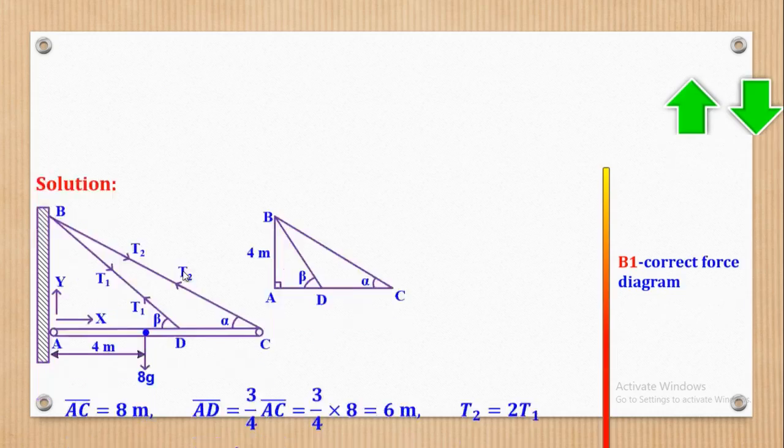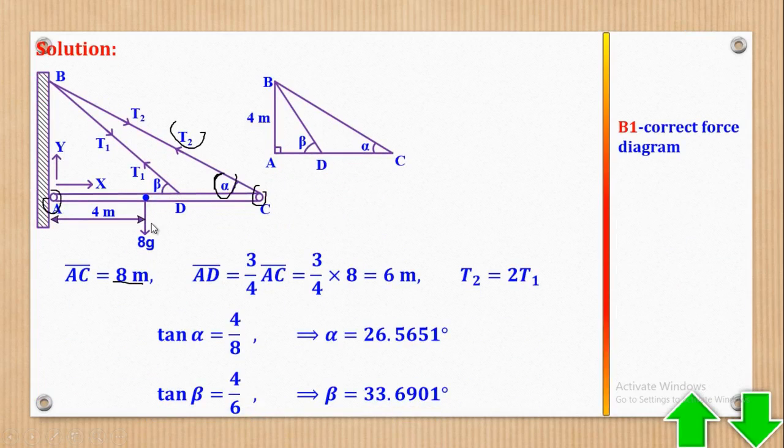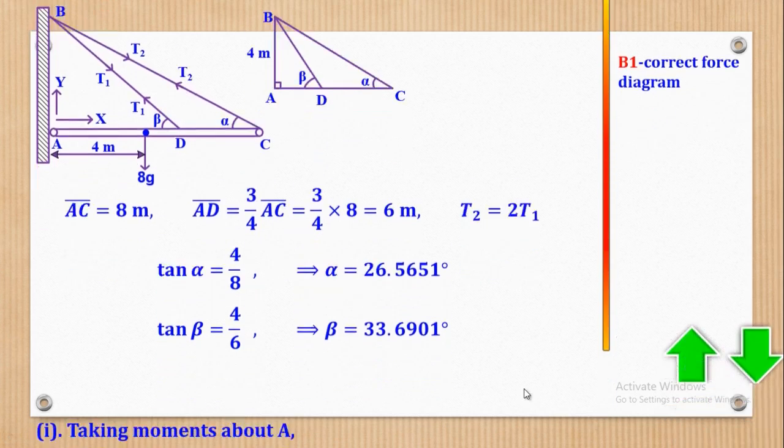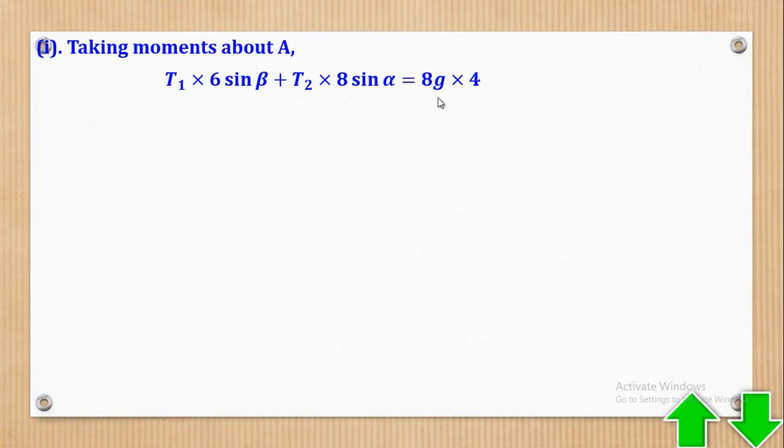Then lastly we shall go to 8G. For 8G, this angle is 90, and we know that sine 90 is equal to 1. Therefore the moment will be 8G times 4. So that is where 8G times 4 is coming from.